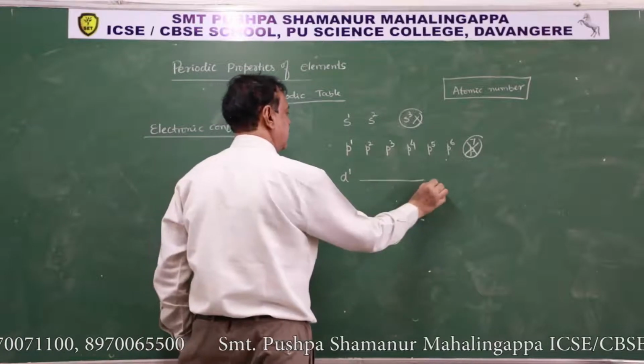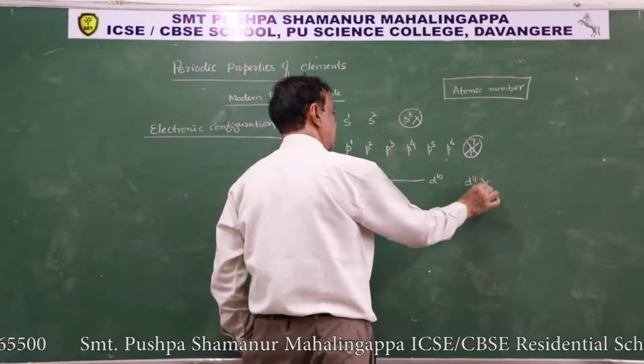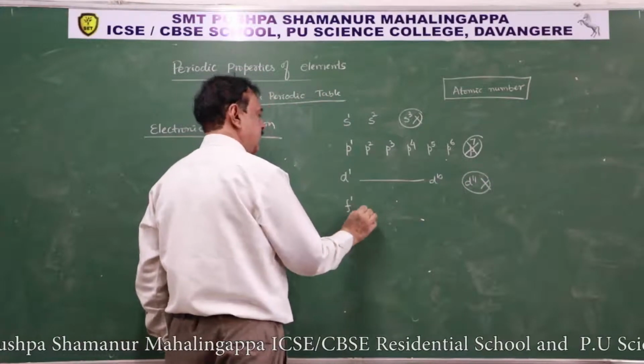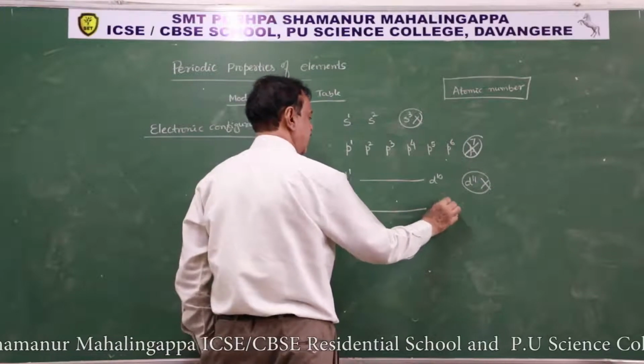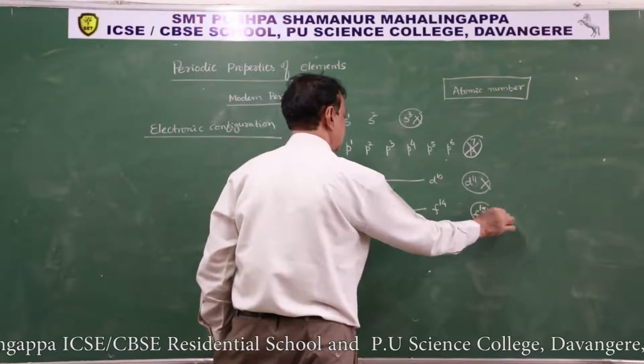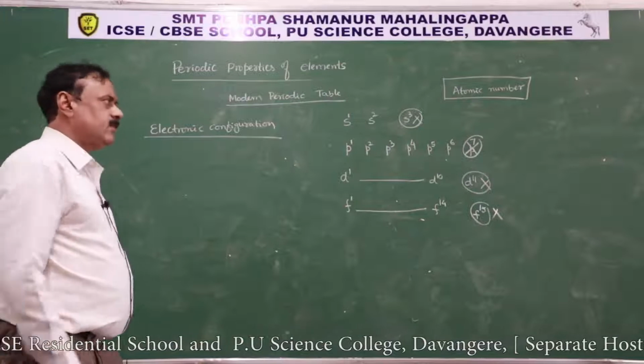D1 to D10 exist, and D11 does not exist. F1 to F14 exist. F15 does not exist. Is it clear?